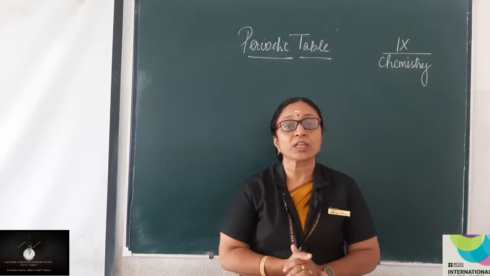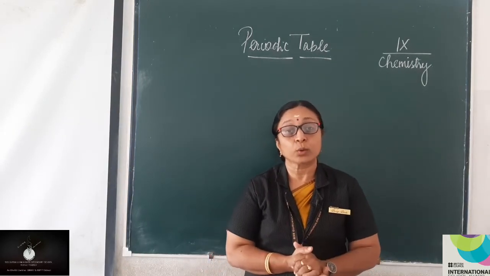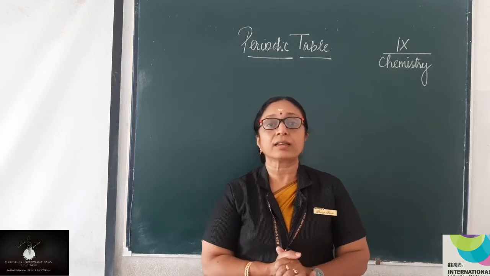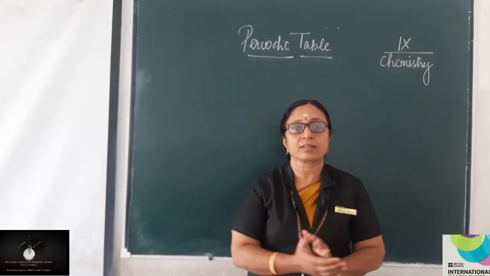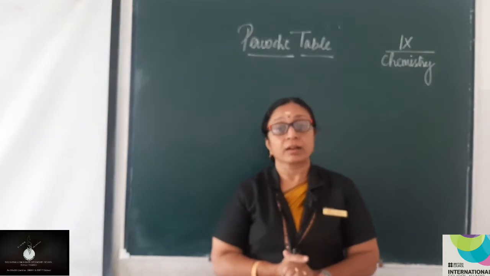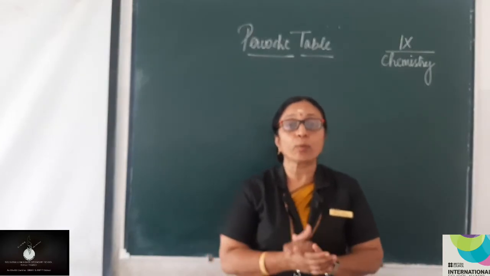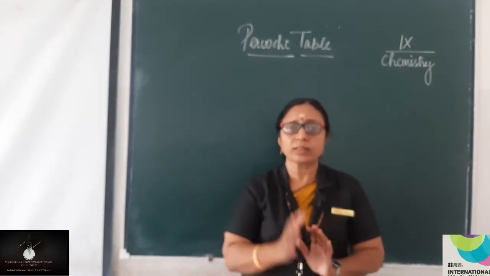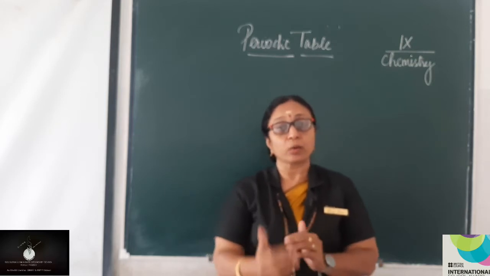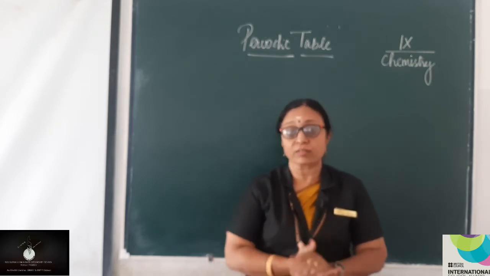The second classification was done by Dobereiner, isn't it? He classified the elements into triads. What are triads? Triads are a group of elements. How many elements? Only 3 elements. And what is the peculiarity of this type of classification?